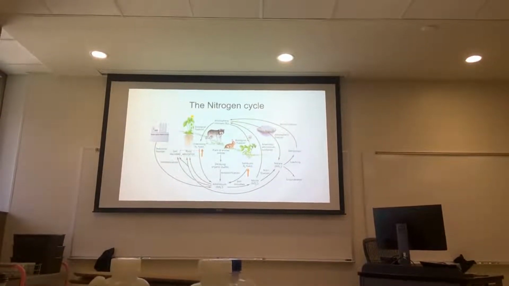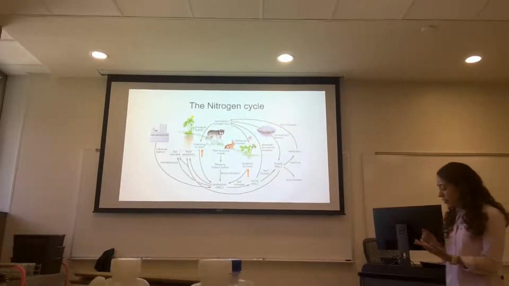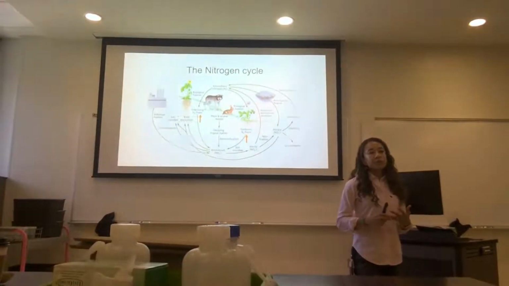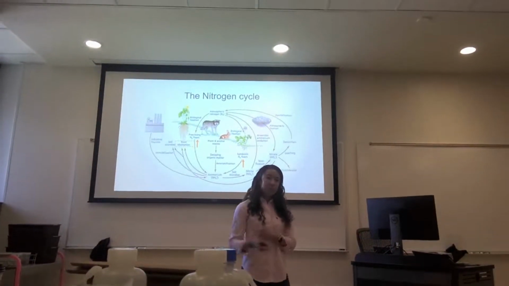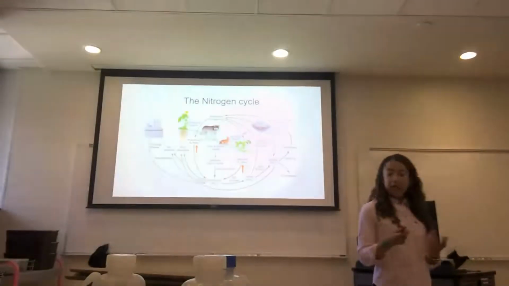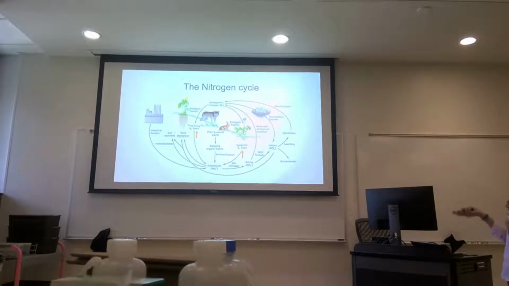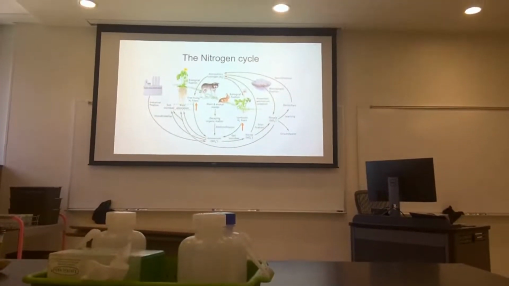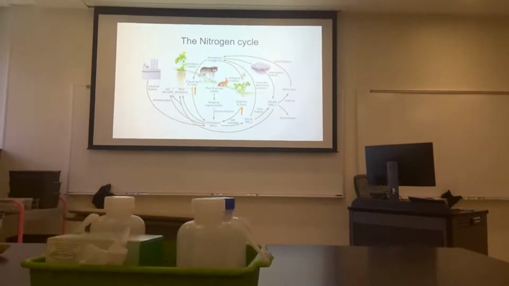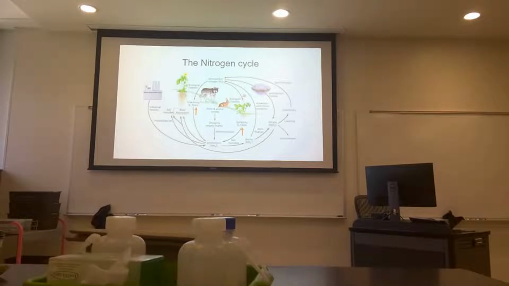We briefly saw this industrialized process in which, with a lot of pressure and high temperatures, N2 will become ammonium. But there are organisms that can actually do that, and they are nitrogen fixing organisms. The first thing I want you to remember about nitrogen fixing organisms is you can have two types: symbiotic and free.